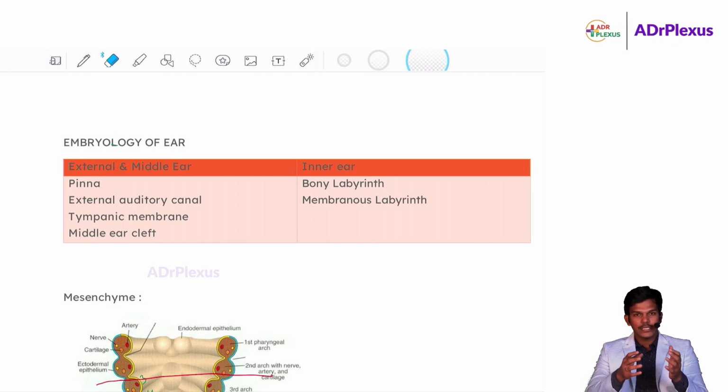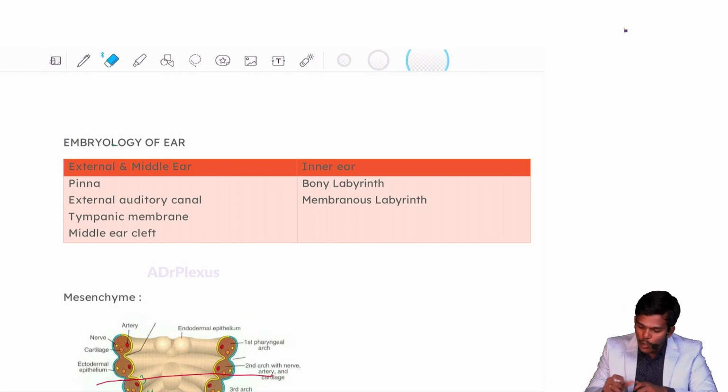So external and middle ear are recently formed structures. They have a separate embryology because they are evolutionary wise very newly formed structures, whereas inner ear is present right from the basic fundamental organism. It has separate embryology. So we'll start with the embryology.